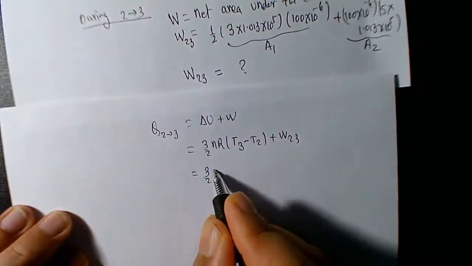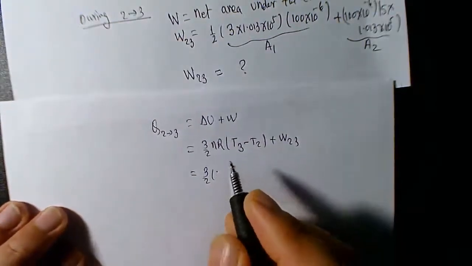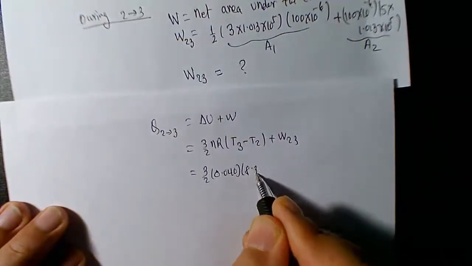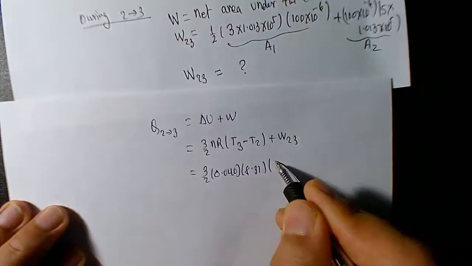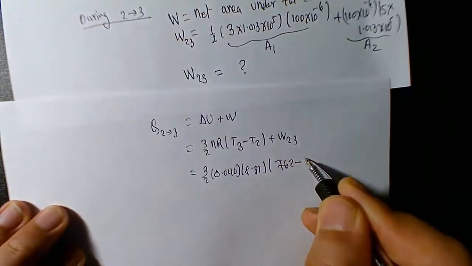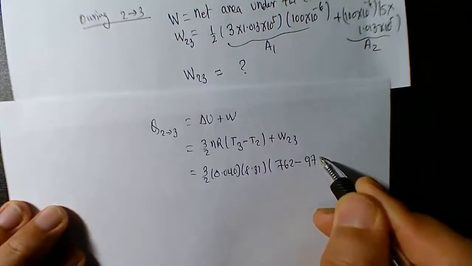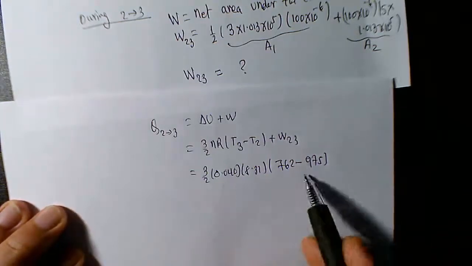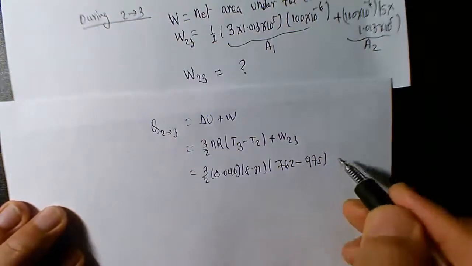So 3/2 times n, the number of moles, 0.04, times 8.31, times temperature at 3, which is 762, minus temperature at 2, which is 975. The change in thermal energy is negative actually, because this is bigger.